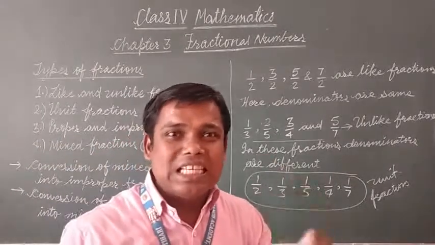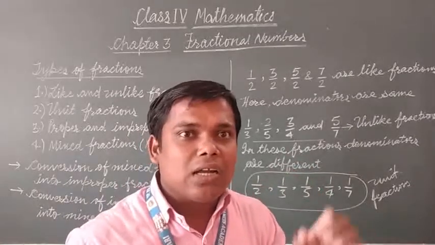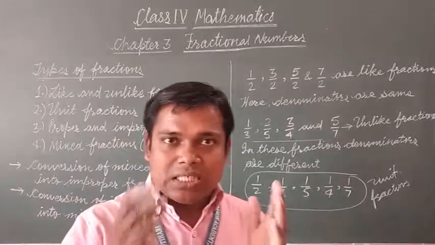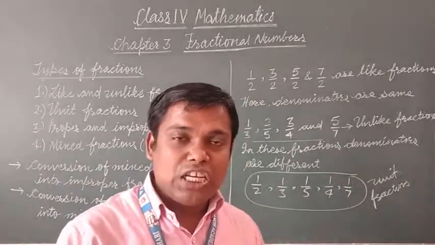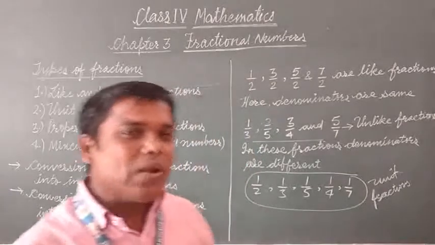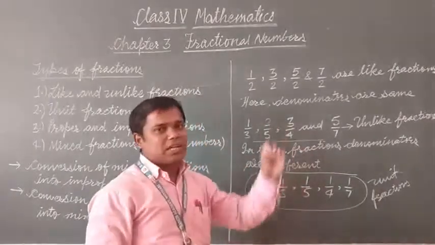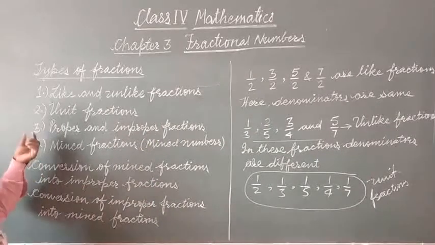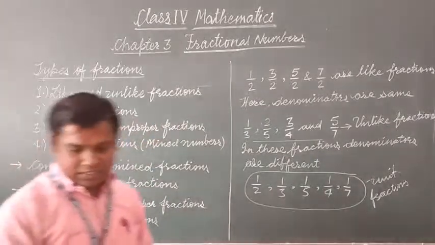Then you only see the numerator of the fractions. If the numerators of the fractions are 1 in all cases, then all the fractions are called unit fractions. Okay. Next is proper or improper fraction.